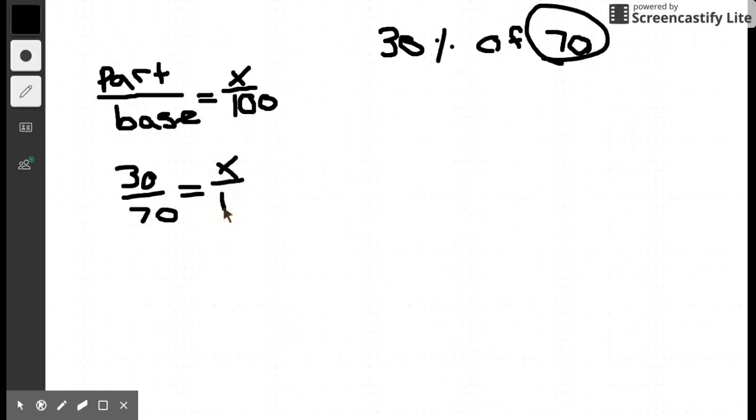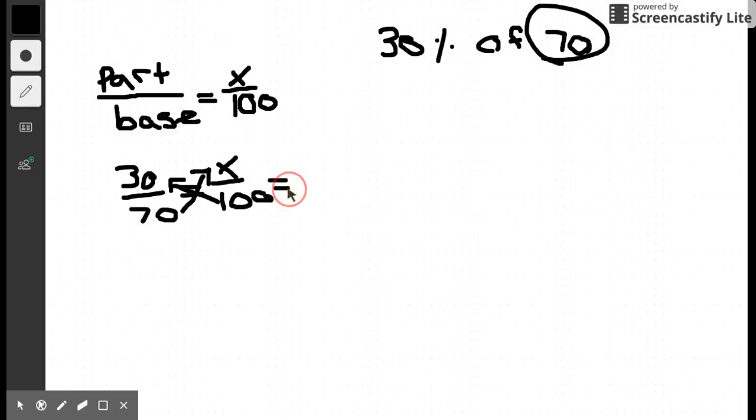So all you do is cross multiply. Cross multiply is when you multiply like this numerator to this denominator, and this denominator to this numerator.